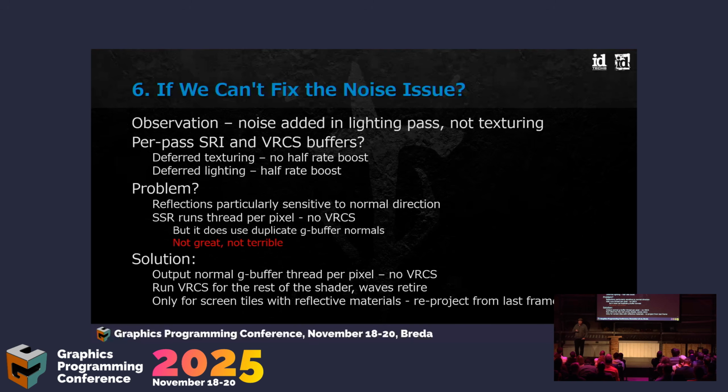This might introduce a problem with reflections because we have more duplicate G-buffer normals. Something you could do with this is you could run the normal decode and the normal outputs of the G-buffer at thread per pixel as normal, then go into the VRCS prefix, retire a bunch of waves, write the rest of the G-buffers.